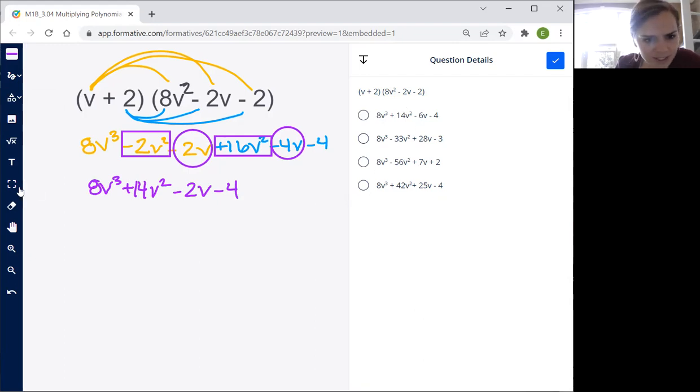Oof, did I make a mistake? Oh, it's a negative 2v. Let me make my circle bigger to get that sign. That negative 2v should have been negative 2 minus 4, which is negative 6v. So it should be the first one.